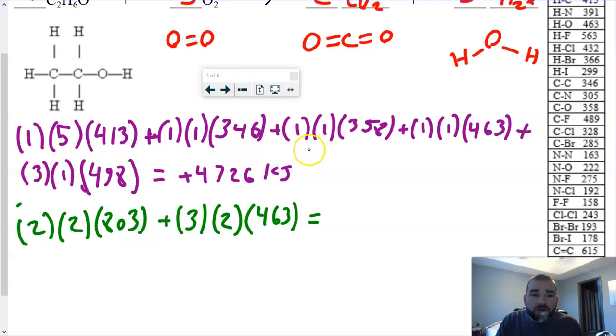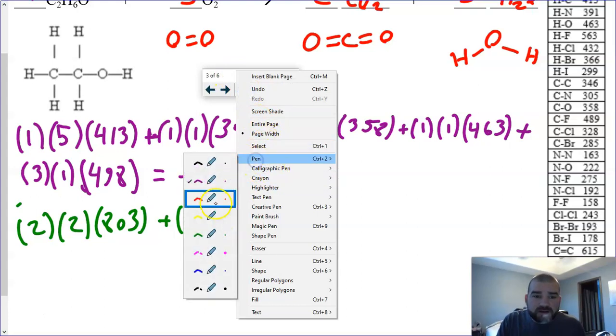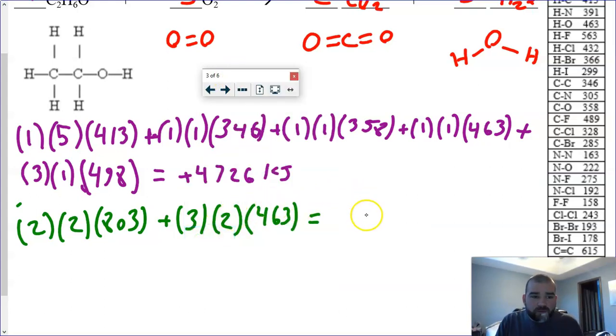Okay, I've got a total of a positive 4,726 for the reactant side. And for the product side, let's see here. I've got a total of 5,990. Now, let's be a little careful.